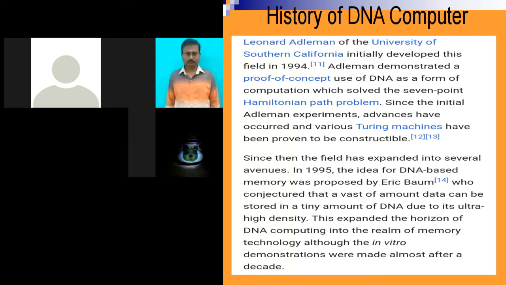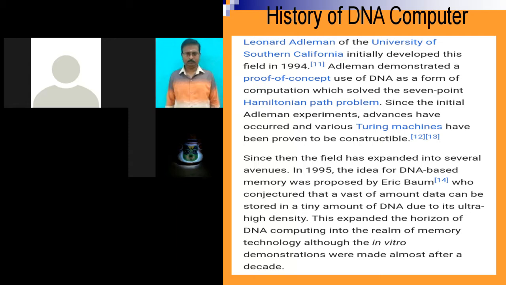Since the initial Adleman experiments, advances have occurred and various Turing machines have been proven to be constructible. The Turing machine he used is nothing but the DNA molecule multiplying machine. He used it for his experiment first in 1994. Since then, the field has expanded. After that only, the DNA computer field expanded into several avenues.